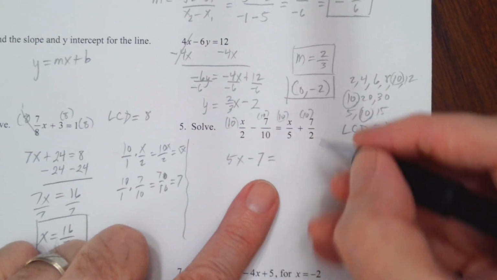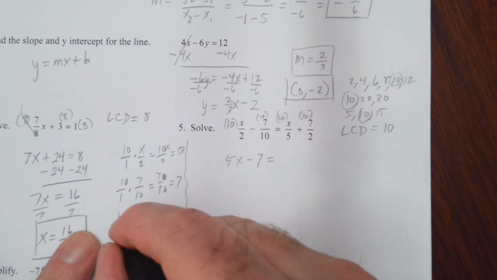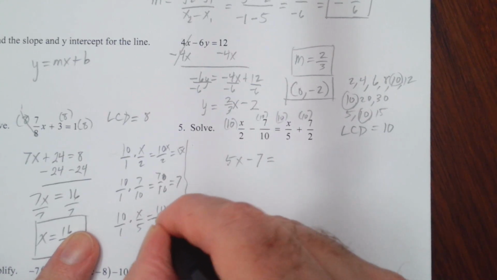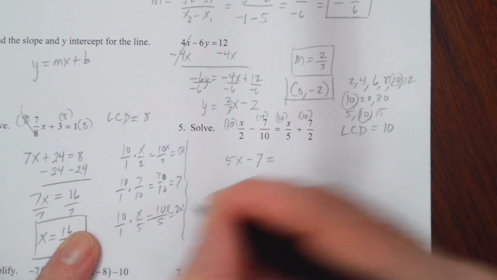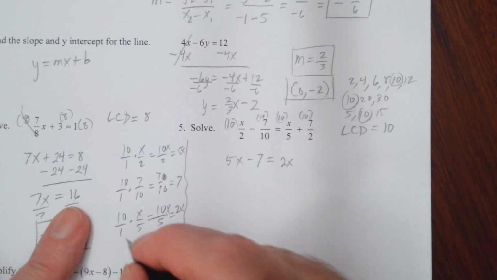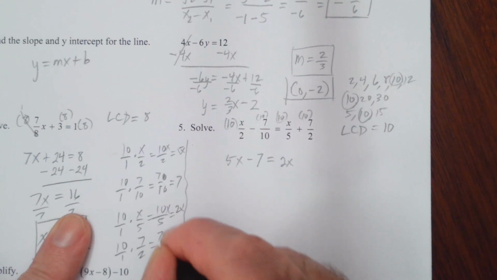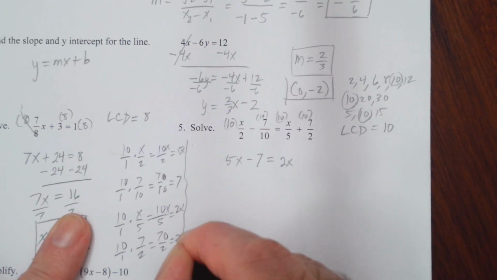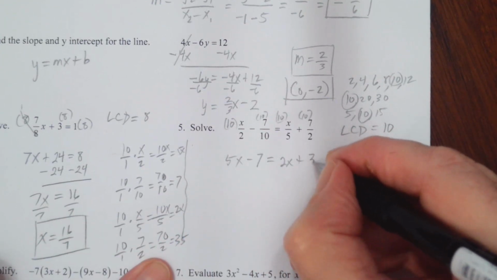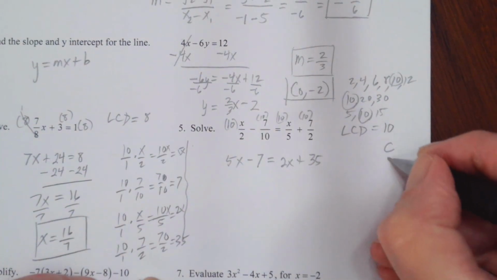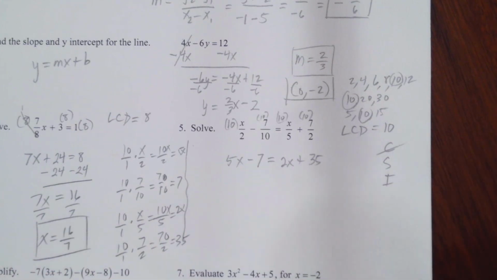On the other side, we have 10 times x over 5. That's 10x over 5, or 2x. And 10 times 7 over 2 is 70 over 2, or 35. So plus 35. So notice, again, in doing LCD, we've cleared the fractions.